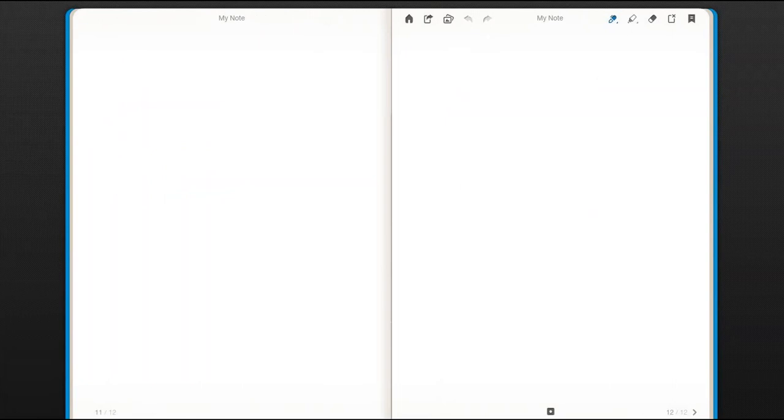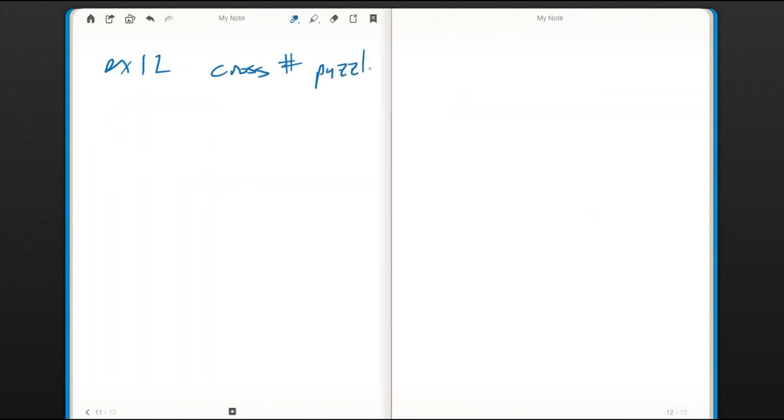Exercise 12 has another cross number puzzle for them. So it continues to show up. They continue giving us the opportunity to try it. And again, maybe exercise 12, the cross number puzzle, maybe instead of doing exercise 12 on one day, maybe you ask your student to do 3 of those every day.